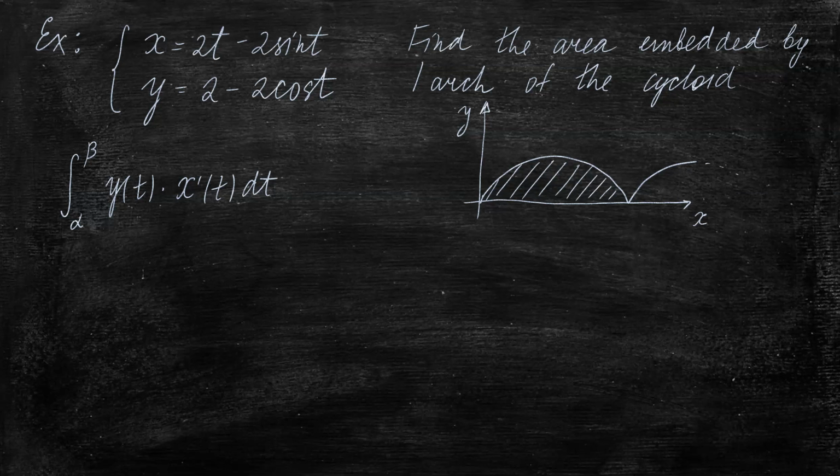And in this integral, we have to identify our alpha and beta. What is alpha and beta? Alpha is when the point is right here, and beta is when the point is over there. So these are the values of t that embed one arc, and it should be relatively easy to see that when t is 0, x of 0 is 0, and y of 0 is also 0.